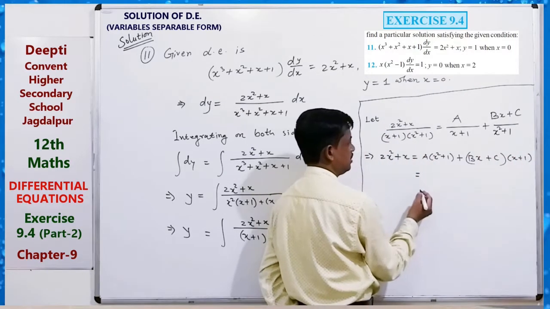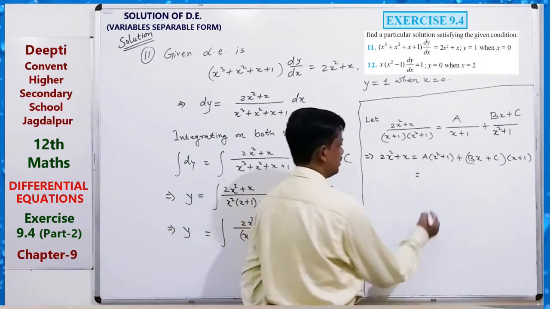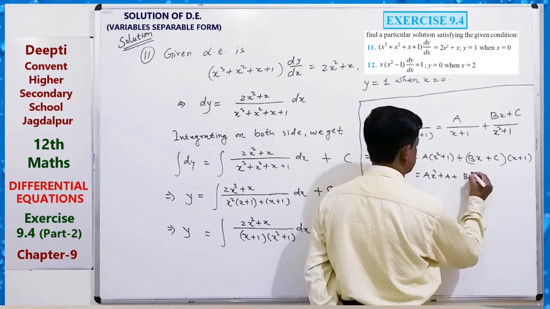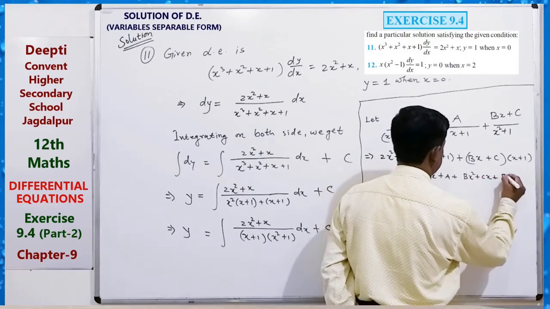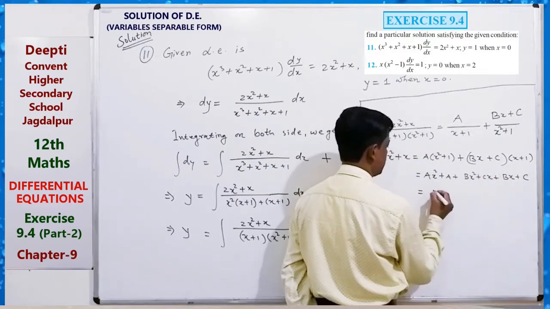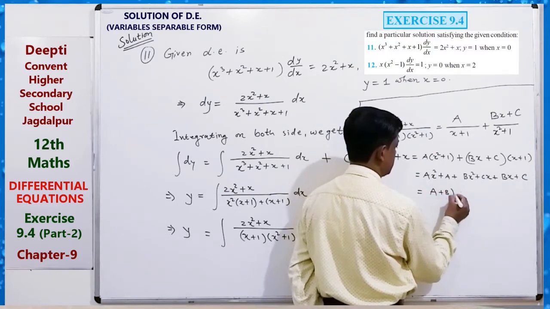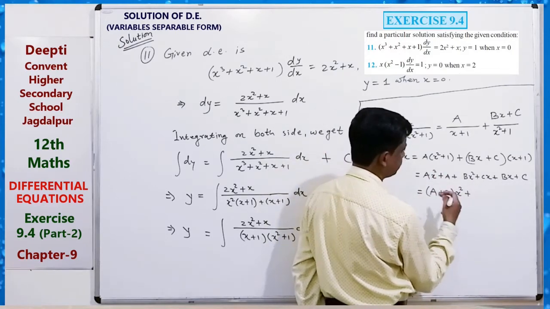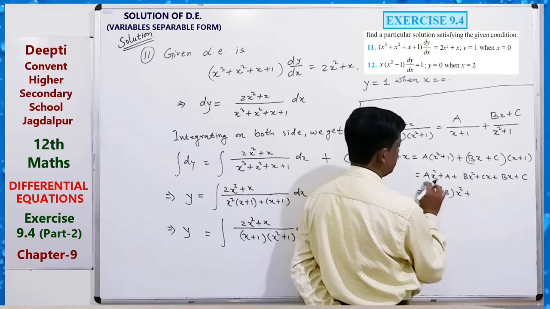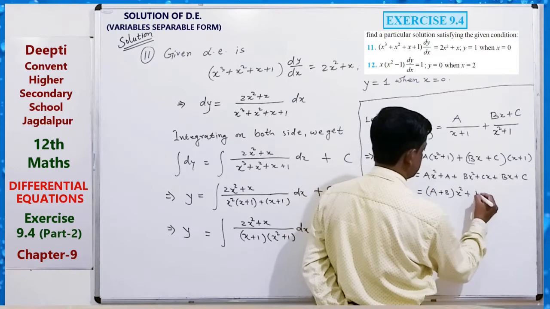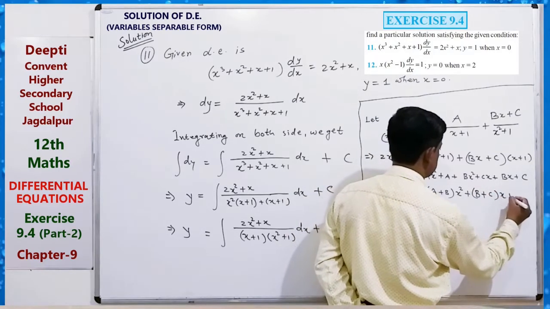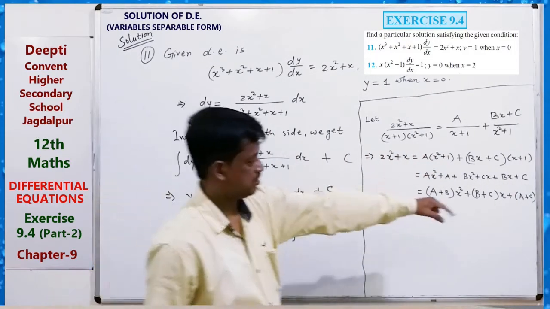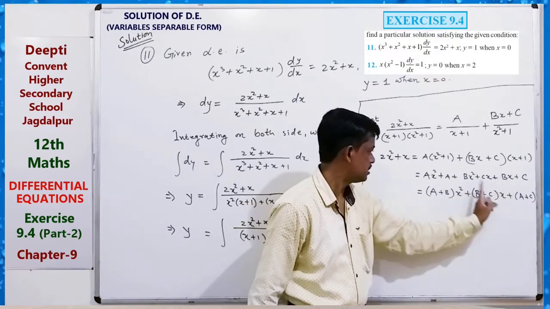Now the right hand side after multiplication is Ax square plus A plus Bx square plus Cx plus Bx plus C. So the coefficient of x square is A plus B, the coefficient of x is B plus C, and the constant term is A plus C.